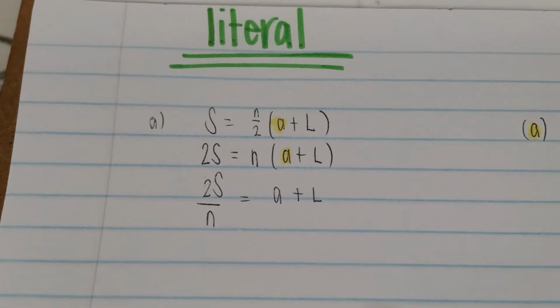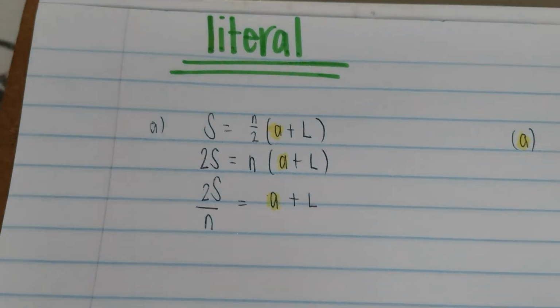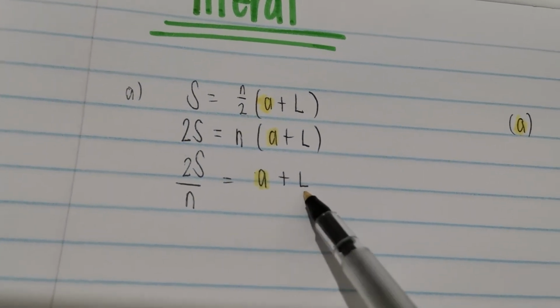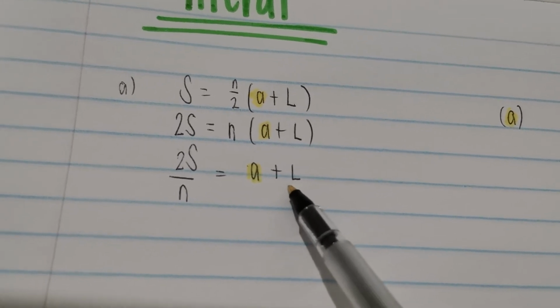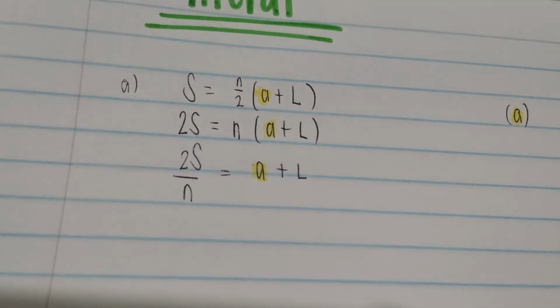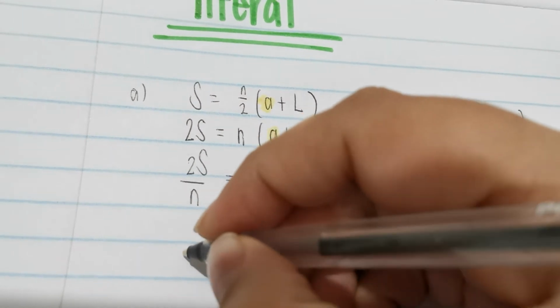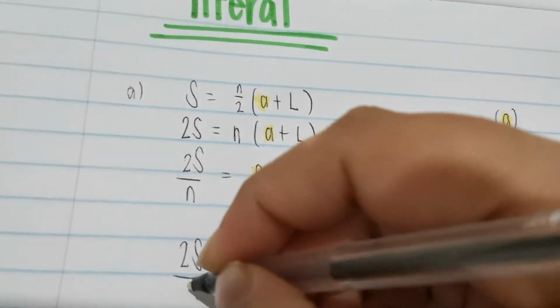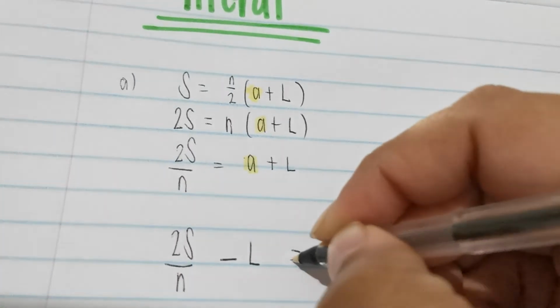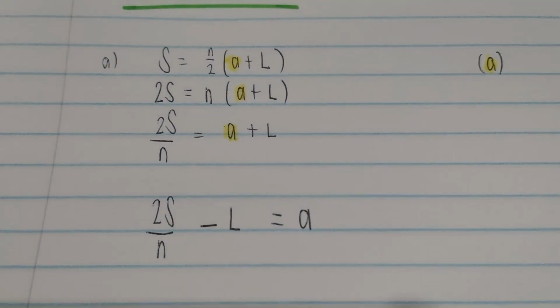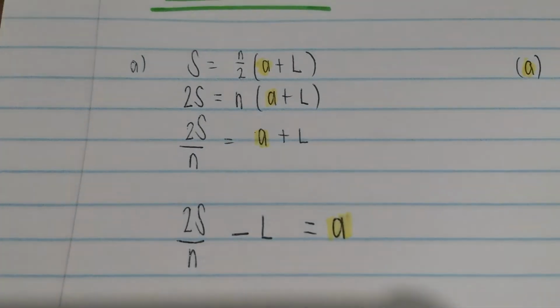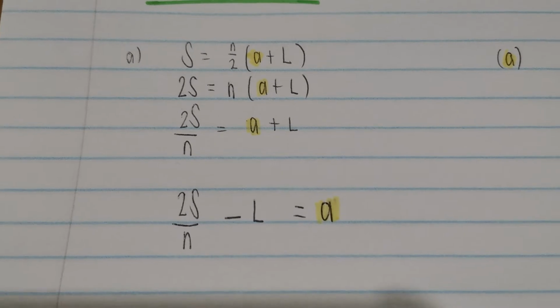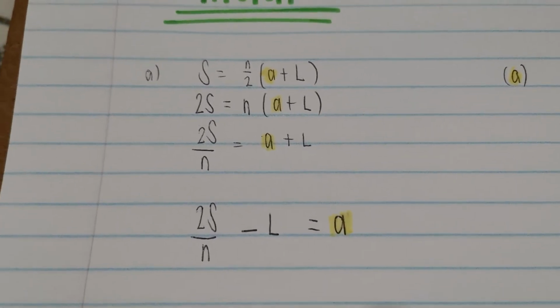Okay, that's our prize, that's what we wanted. To get rid of this L, it's plus L, so the opposite of it or the inverse of it would be minus L. So my final answer is 2s over n, minus L, is equal to A. I have made A completely on its own, and there we go. That's a literal equation.